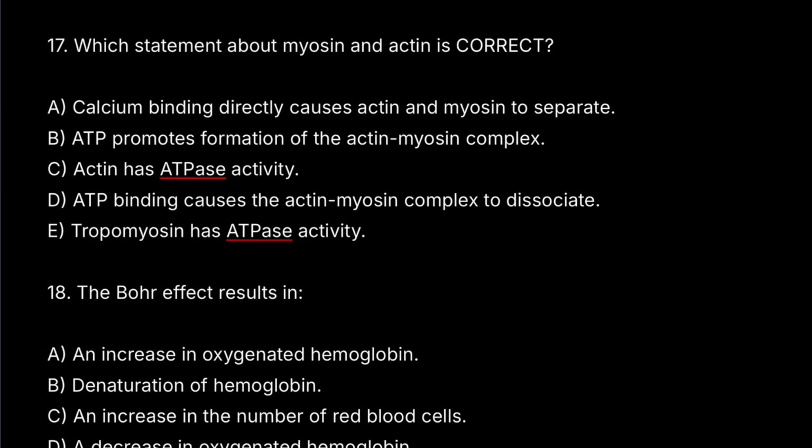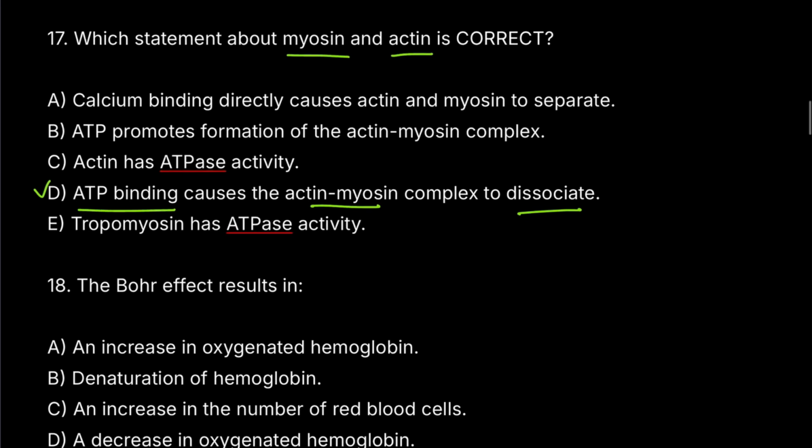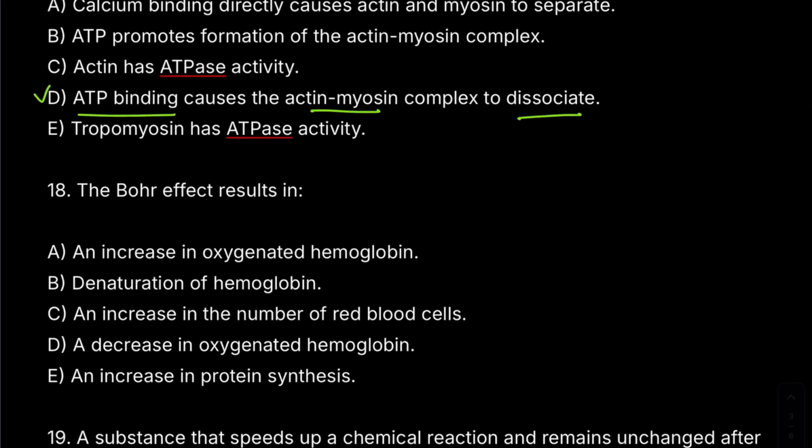So, question number 17. Which statement about myosin and actin is correct? Option D. ATP binding causes the actin-myosin complex to dissociate. So why? When ATP binds to the myosin head, myosin releases actin.